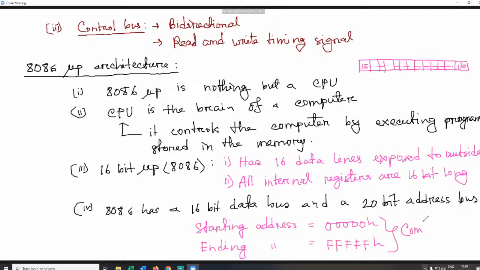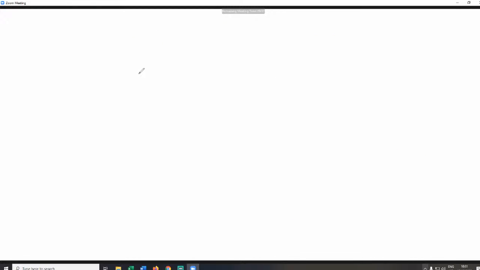Combination formula. So if you apply the combination formula, then you get the total internal memory. So let's calculate the internal memory of 8086.